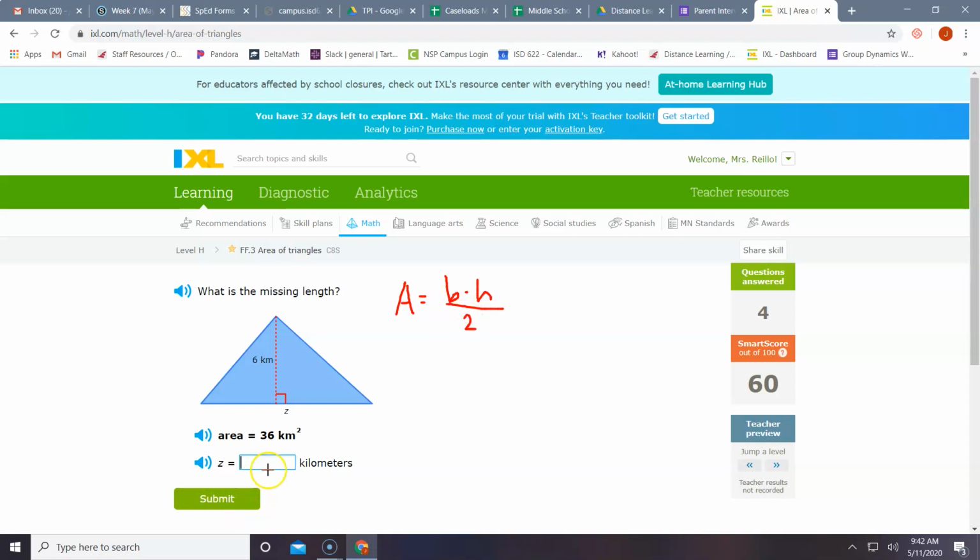So we're going to just plug in what we know. This is our area, so we know over here it's going to be 36 equals, our base is z times our height of 6 divided by 2.